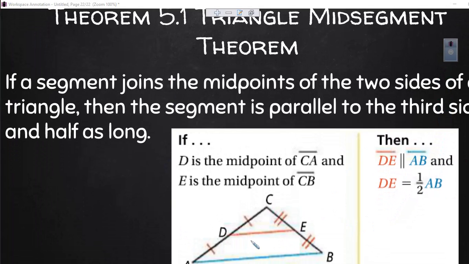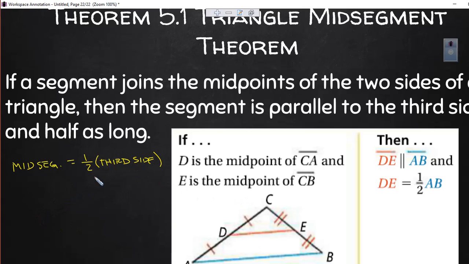Since not every triangle is going to be called ABC and have midsegment DE, we can write this as: the midsegment is equal to half, and we're just going to call this the third side, the side that it's parallel to. So half of the third side. And that's what I'll refer to it as in this chapter. So midsegment is equal to half the third side that it's parallel to.